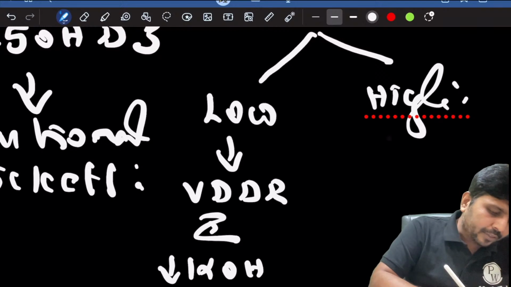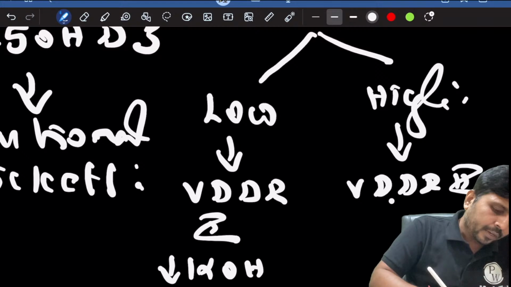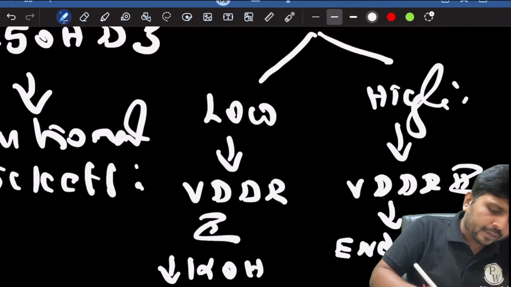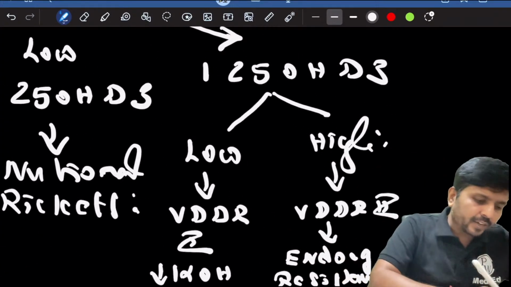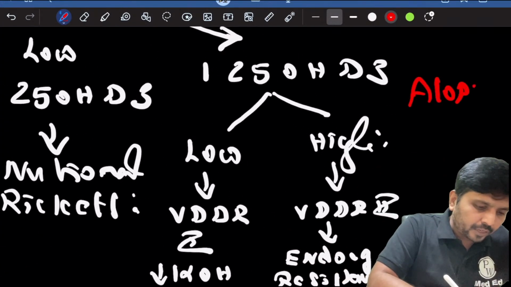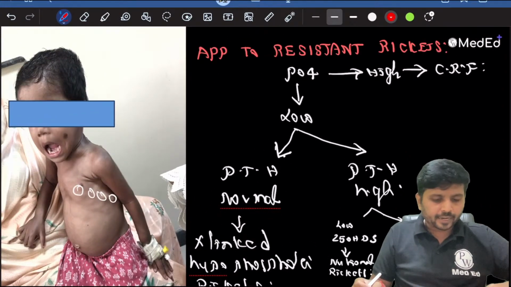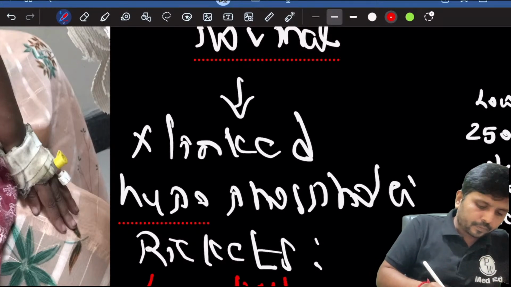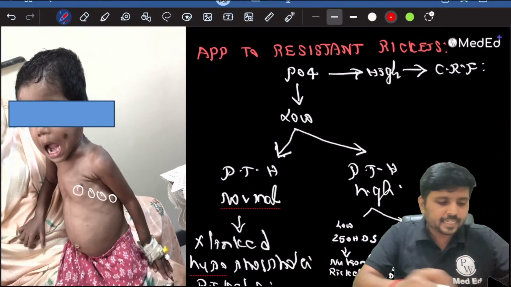Whereas high means vitamin D resistant rickets type 2, characterized by end organ resistance. VDDR type 2 is associated with alopecia, a very important clue. Second, X-linked hypophosphatemic rickets predominantly involves the lower limbs. So this is a simple approach towards resistant rickets.